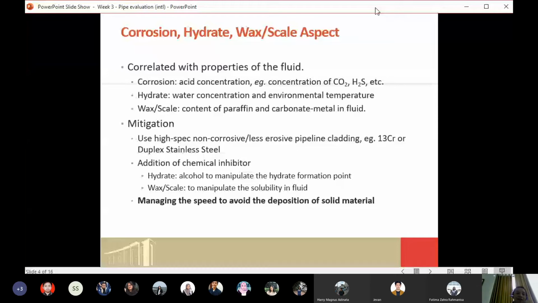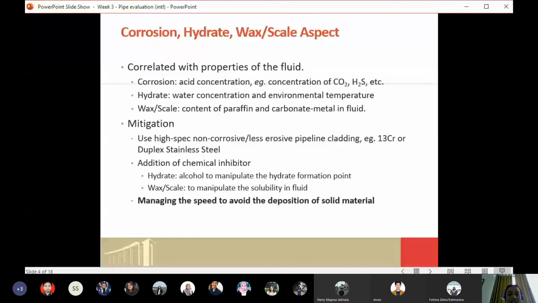And then the mitigation. To make the fluid non-corrosive is quite difficult. So usually we provide pipelines which are resistant to corrosion itself, for example chrome 13, or duplex stainless steel, to protect from the corrosion problem.